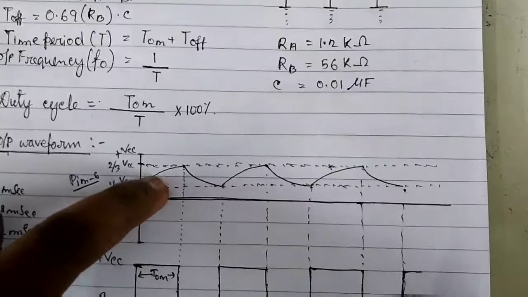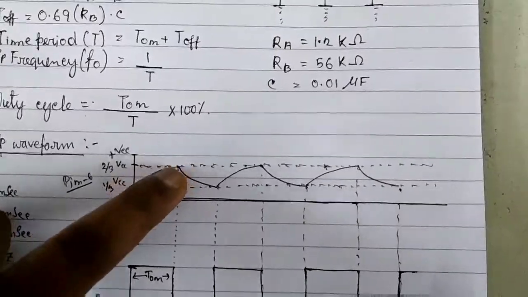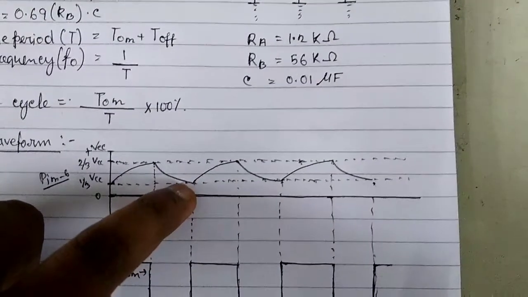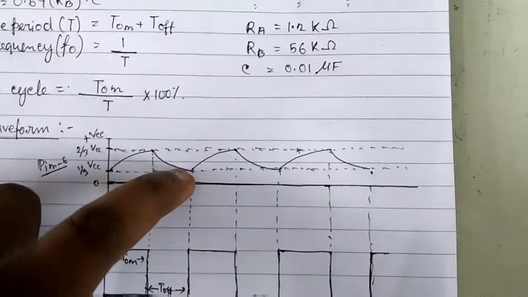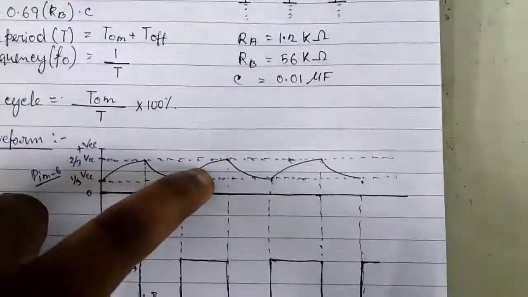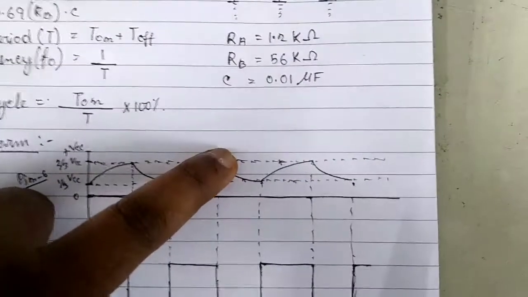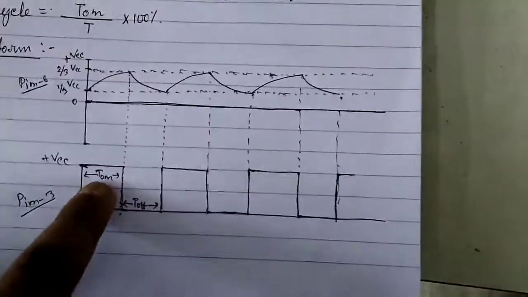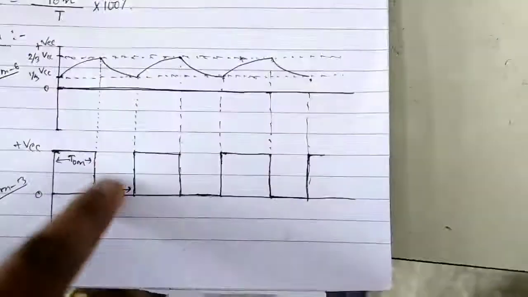When the voltage of the threshold pin reaches 8 volt, it starts to discharge again, down to 1 by 3 VCC, then again it will charge, then again discharge, and this way we will be getting our on time and off time. When the capacitor charges, we get on time. When the capacitor discharges, off time.